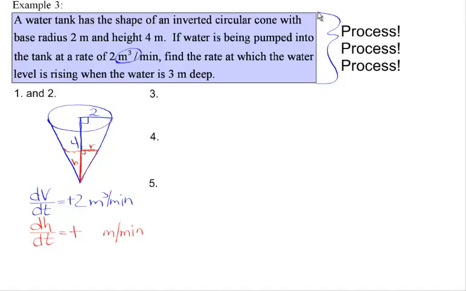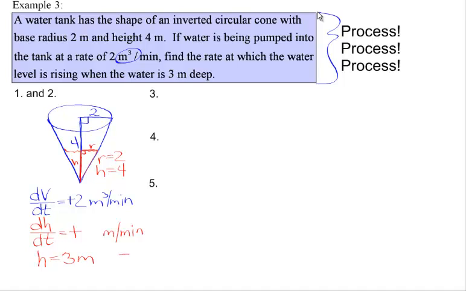So I know that when R is 2, H is 4. I don't know what r is at any given h, but they want specifically for this problem to find the rate at which the water level is rising when the water is 3 meters deep.